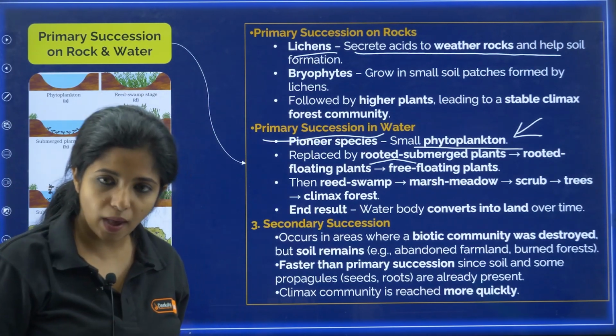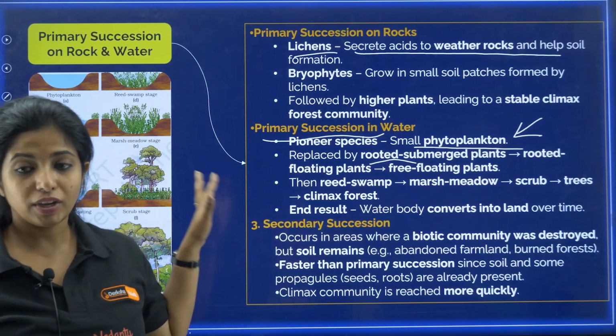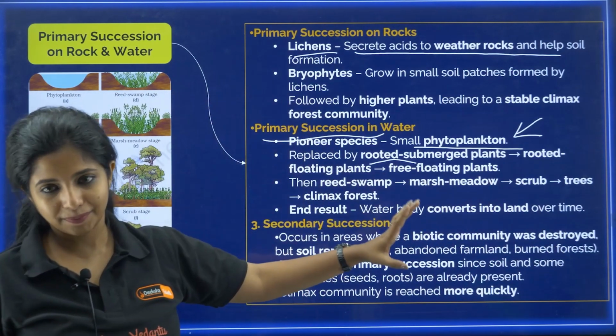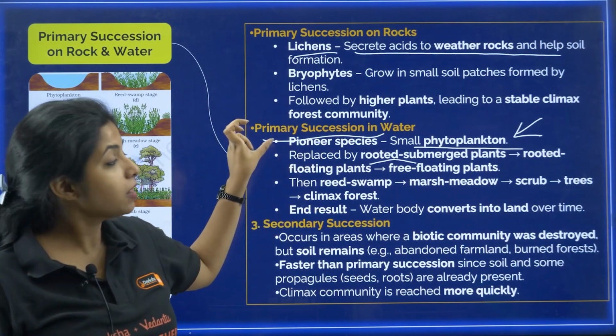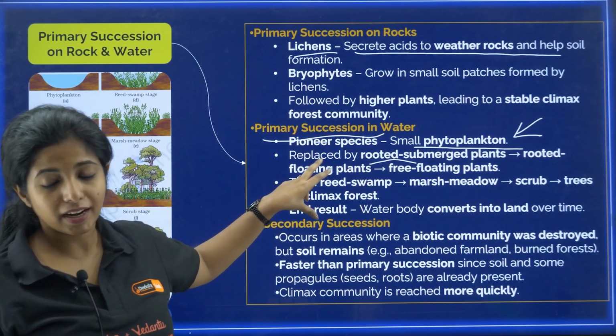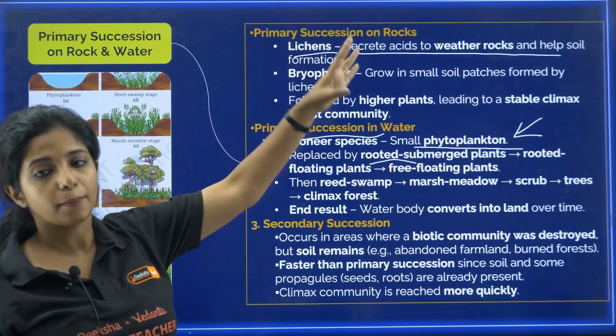And then we have reed swamp, then marsh meadow, then scrub, then trees, and then climax community. So the end result is that the water body converts into land over time. So this is an example of hydrarch succession, and the primary succession happening in water. Okay, sorry, not xeric, hydrarch. And the earlier one is an example of xerarch succession and also primary succession happening on rocks.